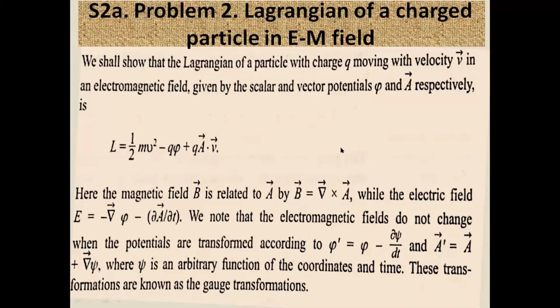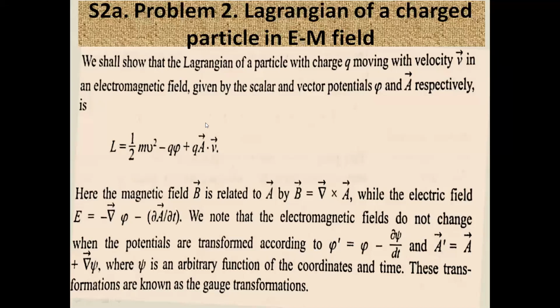Electric field, in fact, is given by the negative gradient of the scalar potential together with the derivative of vector potential A with time. And vector potential A itself is defined by magnetic field B equal curl of A. These definitions are clear to our students because they have already studied basics of electromagnetic field theory.